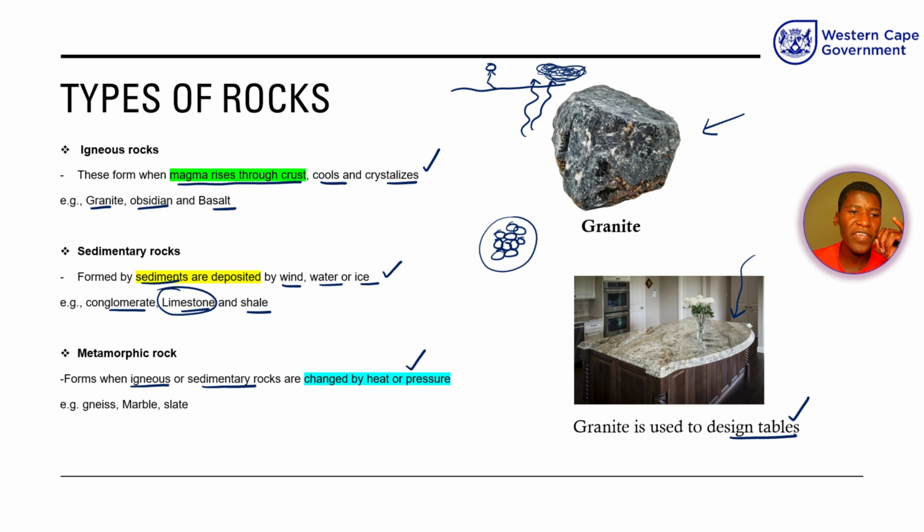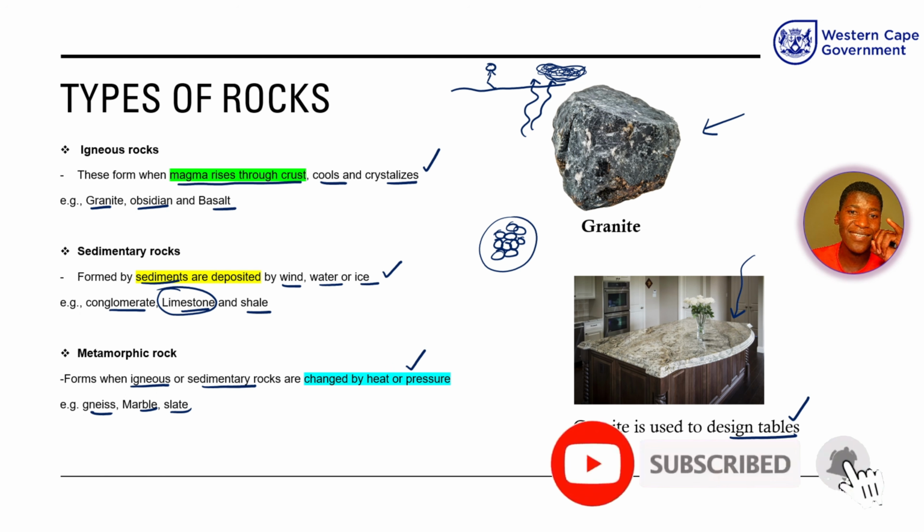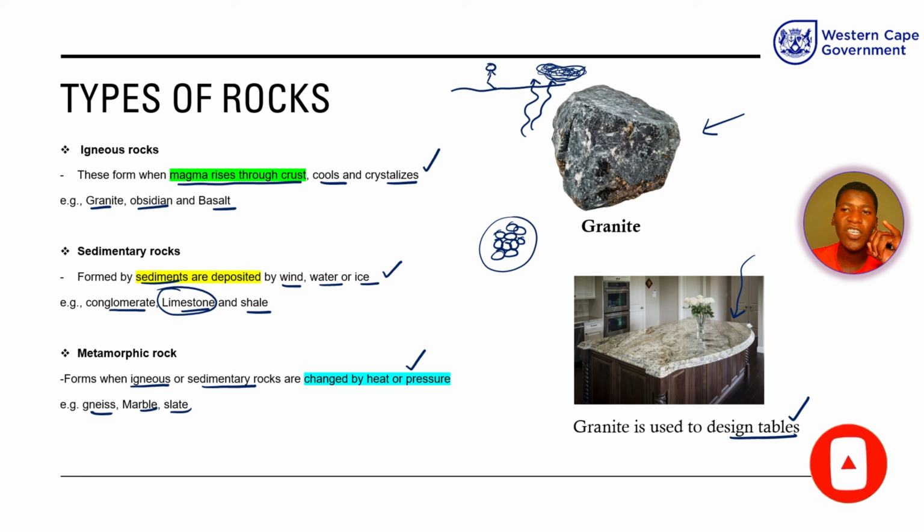Examples of metamorphic rock are gneiss, as well as marble, as well as slate. All of these rocks have been obtained from sedimentary rock and igneous rocks that were heated and that received pressure, causing their structure to change to be a metamorphic rock.